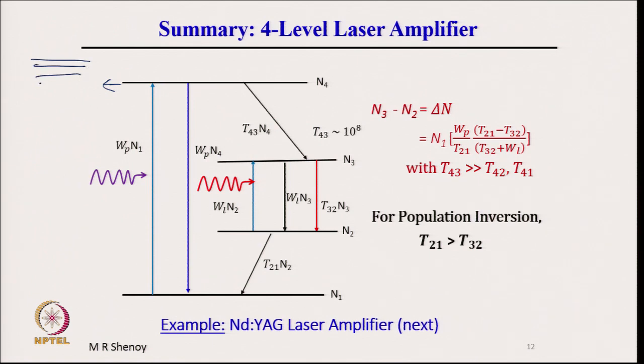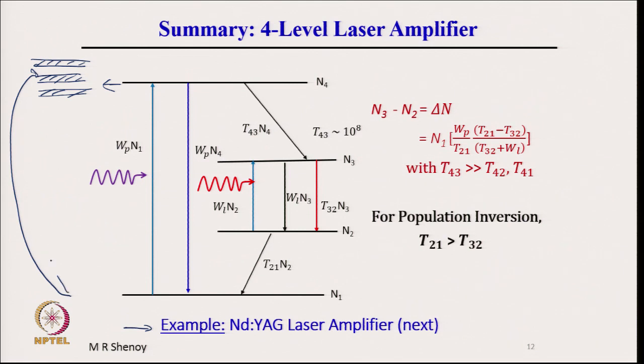We will see the example of a Nd:YAG laser, where the 4th level, which I am indicating here as level 4, may comprise 2 or 3 bands, and atoms are pumped to these bands.